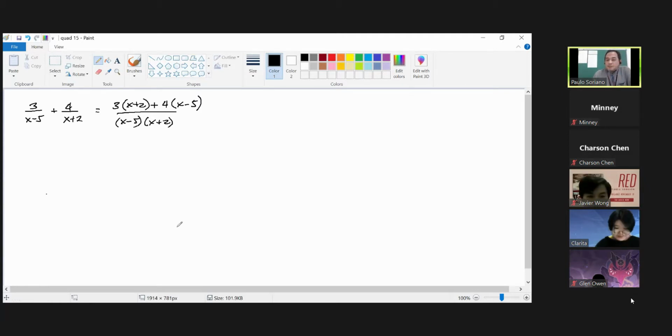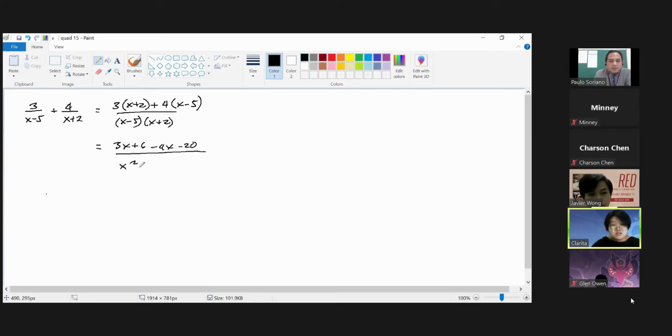We expand, right? We will be getting 3x plus 6 plus 4x minus 20 over what's the bottom? x squared minus 5x plus 2x minus 10.